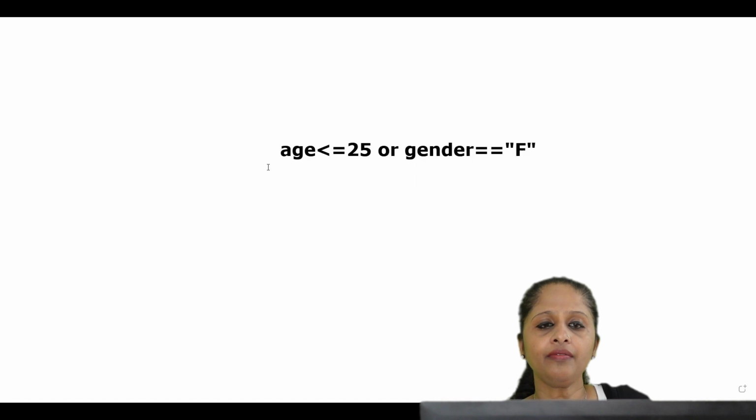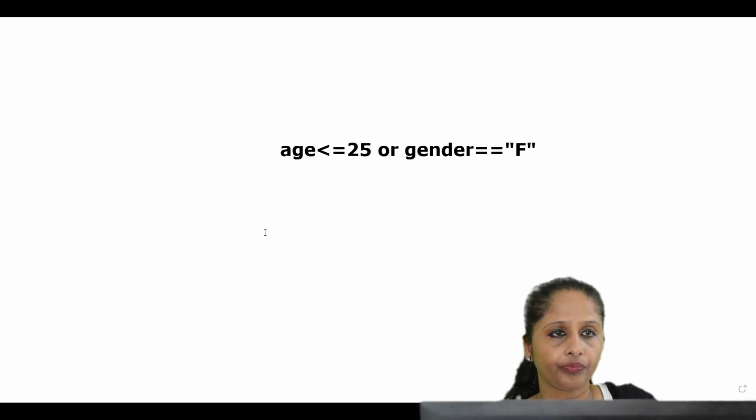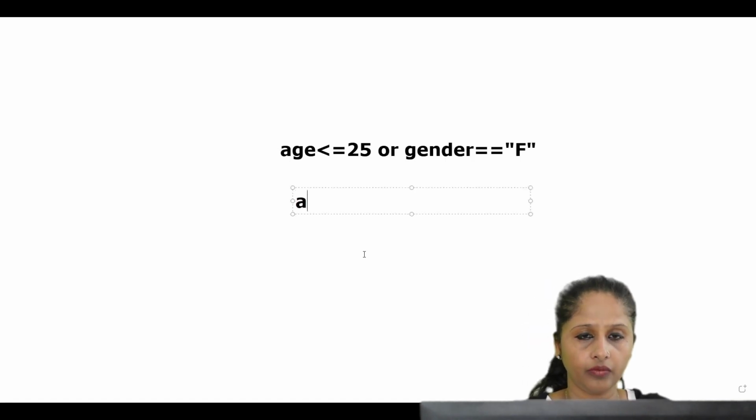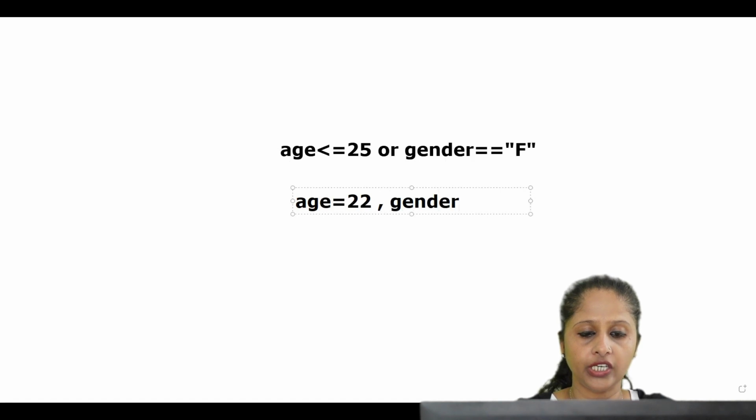So here I have written the code like age less than or equal to 25 or gender equal to F. Equal to, as I told you already, is a relational operator, checking whether both sides are equal or not. So now we have the first condition, one person with age 22 and gender female.